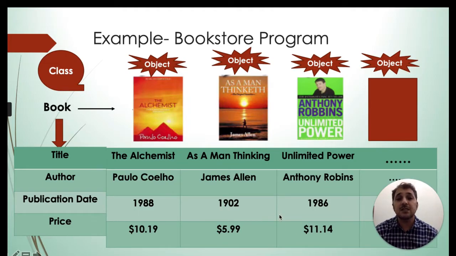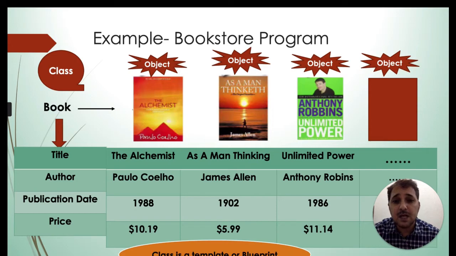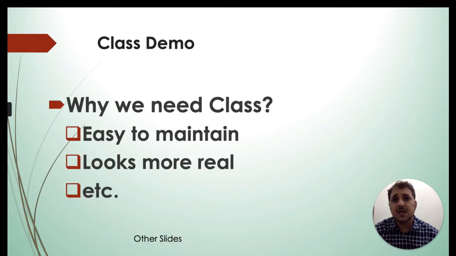So the class is the general representation of the objects, but each object is unique, and has unique values different from other objects. So a class is just like a blueprint or general description of the objects.